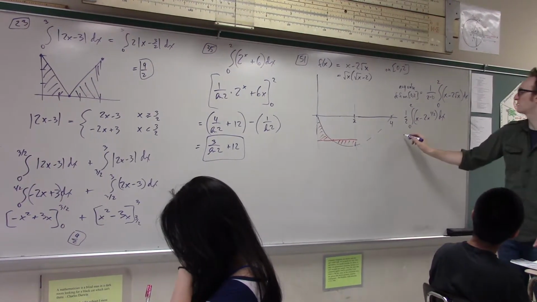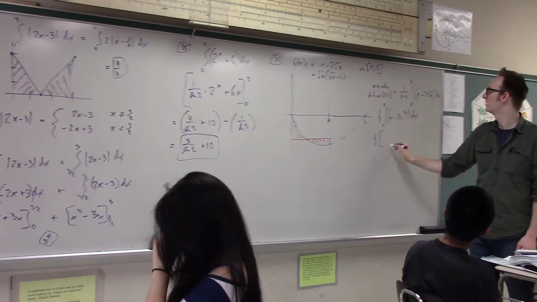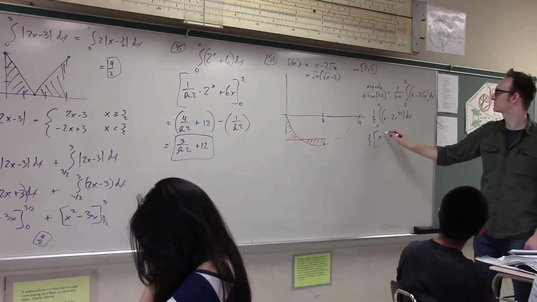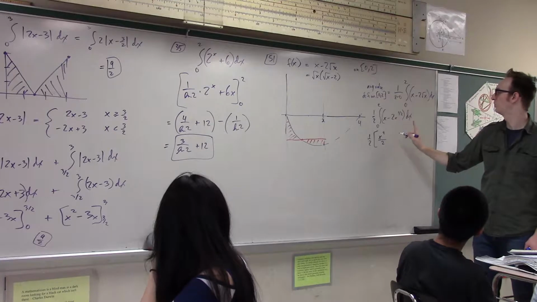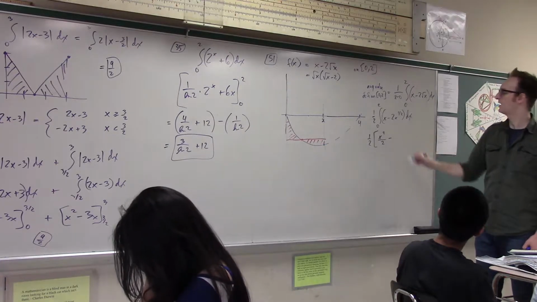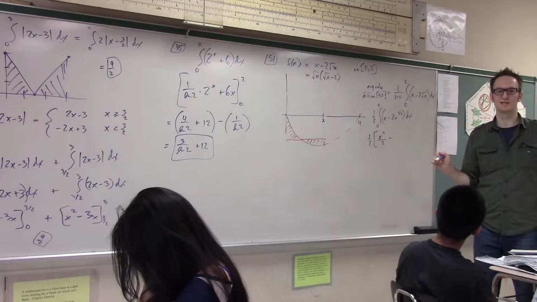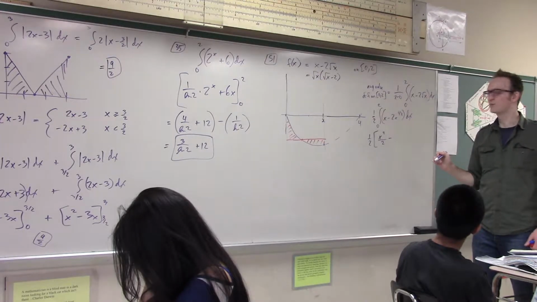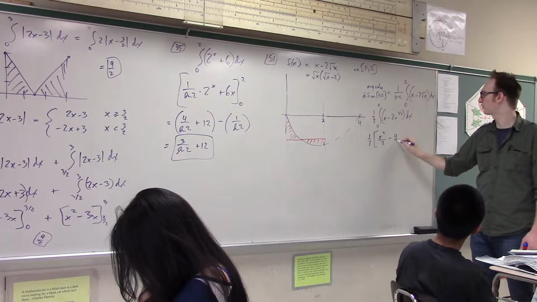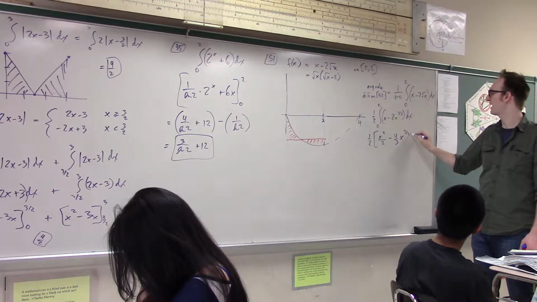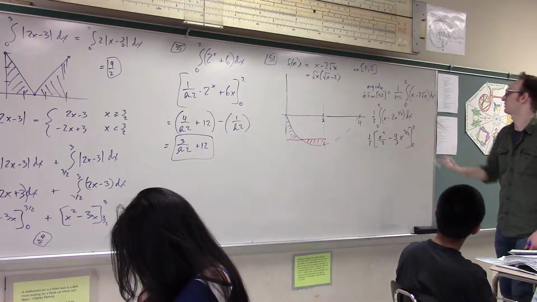Now I anti-differentiate, and it's x squared over 2 minus, whoa, I'm having trouble anti-differentiating today. Oh yeah, 3/2, so 2/3, 4/3 x to the 3/2, evaluated from 0 to 2.